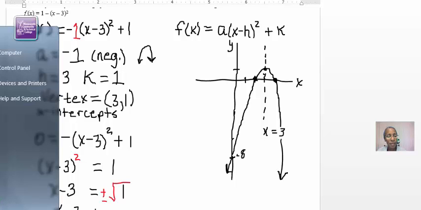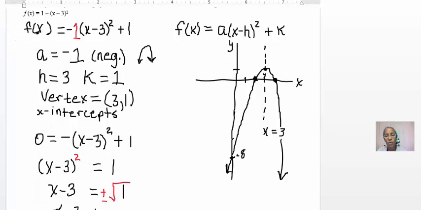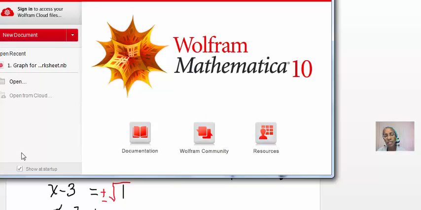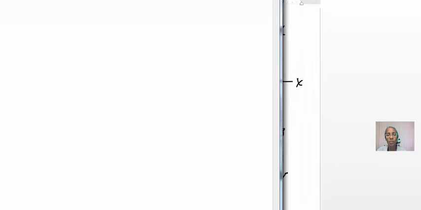Click on that, and then don't select the kernel, but select Wolfram Mathematica 10.1. This is my laptop from MCTC, and I'm not sure if 10.1 is the latest version. It's what's on my computer.